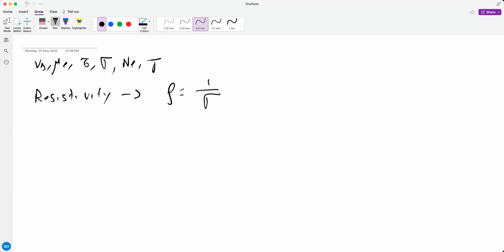Now, if you remember, we have seen that for a metal, the resistivity as a function of temperature is equal to rho 0 times 1 plus alpha times T minus T0. This you have seen in physics 207. This is the dependency of the resistivity on the temperature.